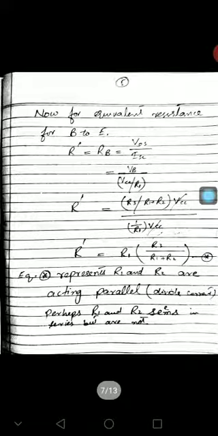Now the equivalent resistance must be equal to R prime, which is V open circuit over I short circuit. Now putting these values, VB over VCC over R1.